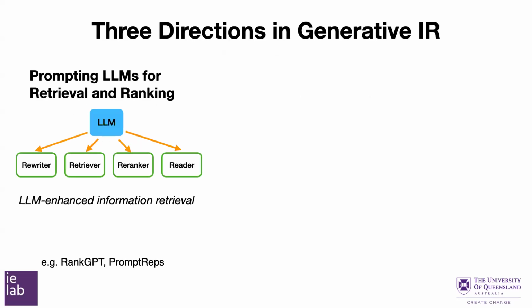Okay, so there are 3 directions that I'm going to talk about today about generative IR. One is using these large language models for retrieval and for ranking by prompting them. I put prompting in quotes because, as we will see, there are different levels of prompting, from very simplistic prompting to really prompt engineering type of approaches.